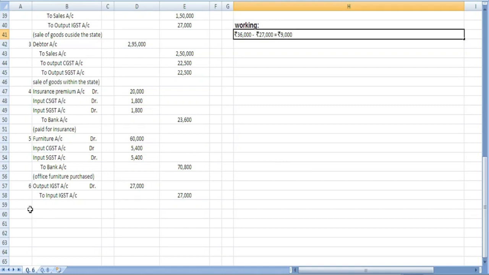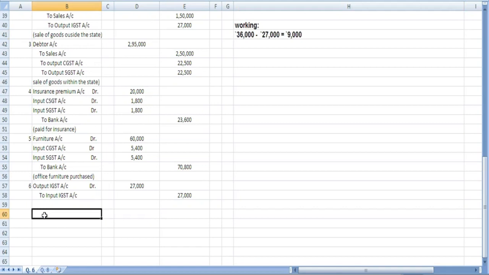So here the next entry we will write down is output CGST account debit.